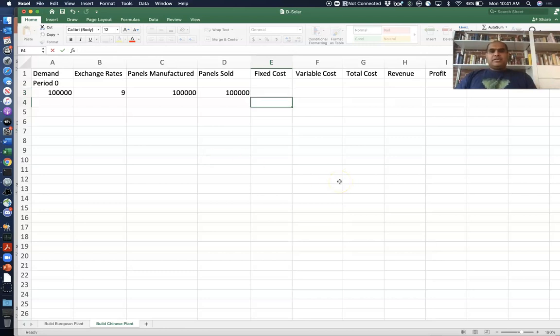So let's calculate everything in yuan. So 8 million, that's a fixed cost. The variable cost is 340 per panel. That's 340 times the number of panels that are manufactured, not the number that are sold. So the total cost is the sum.